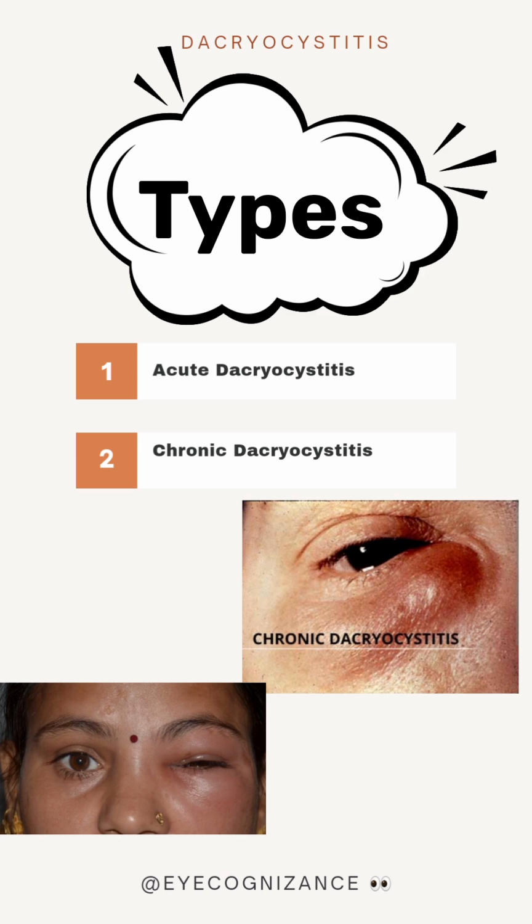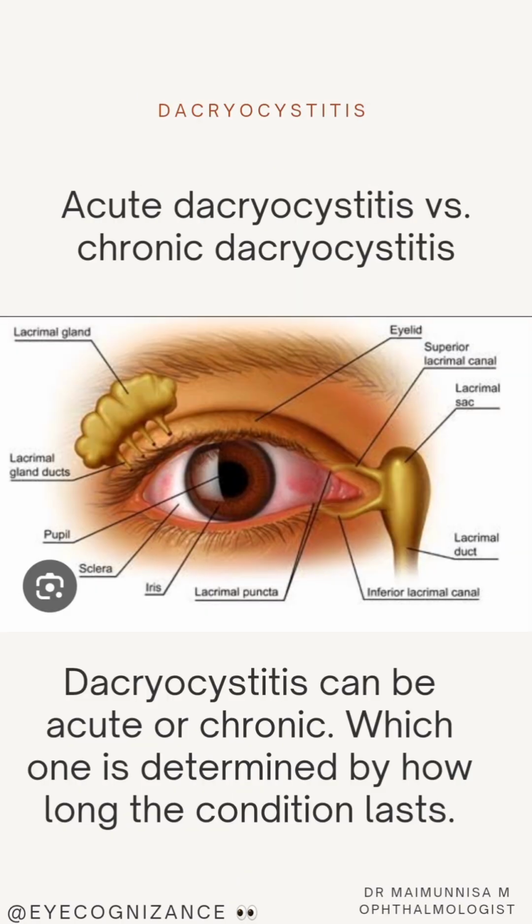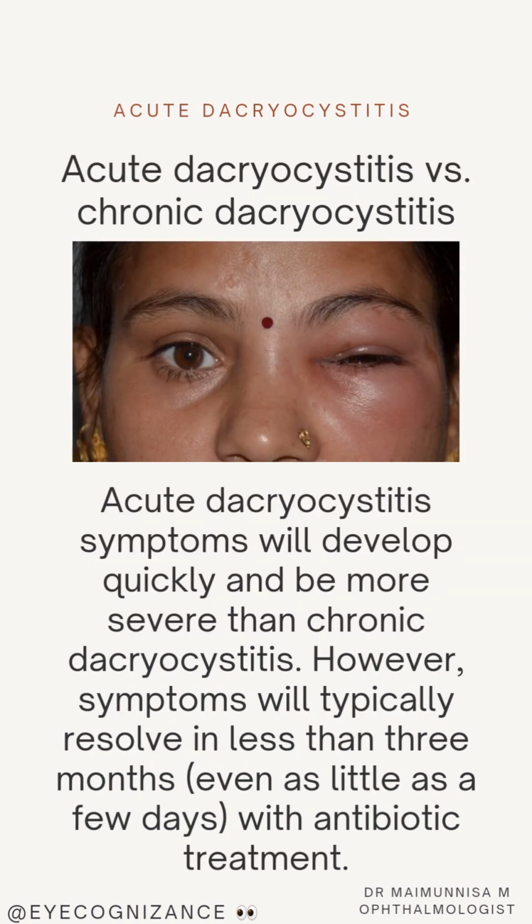So it can be acute dacryocystitis or chronic dacryocystitis, which is determined by how long the condition lasts. In acute dacryocystitis, symptoms will develop quickly and be more severe than chronic dacryocystitis.